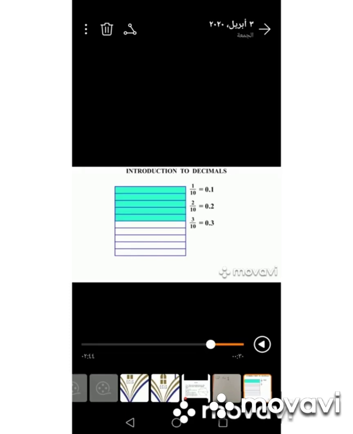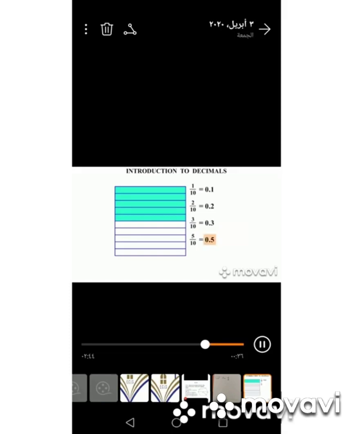If we shade 5 parts out of 10 parts, then our fraction will be 5/10, and as a decimal it will be 0.5. Pay attention, 5/10 equals 1/2.